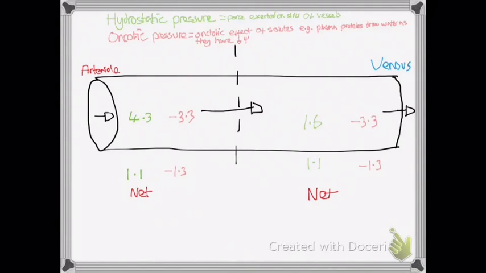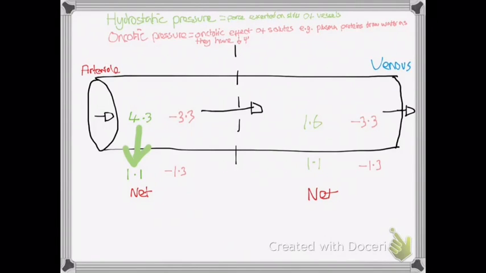So let's look at our arterial end, and here we've got a high hydrostatic pressure. So if we've got a high hydrostatic pressure, we've got a lot of force wanting to go this way. So as we see here, 4.3 in the arterioles.